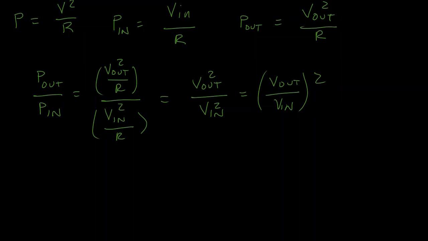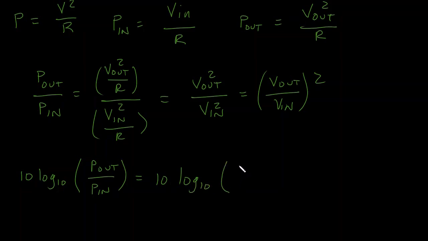Well, let's compute again using the same formula. Let's look at the ratio in decibels. So we're going to have 10 times the log base 10 of P out over P in, and that's going to equal 10 times the log base 10 of V out over V in, that quantity, let's put another parenthesis there, quantity squared.